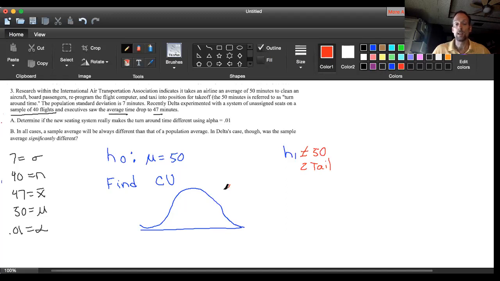I'm going to use my alpha over 2, so it's going to be 0.005. I'm going to put a region equal to 0.005 on both sides of my curve. Two tails is 2 critical regions. And when we look in our z-chart for our critical values, we're going to find our plus and minus 2.58.